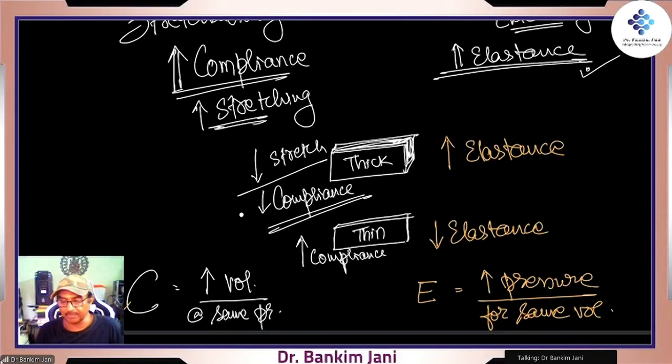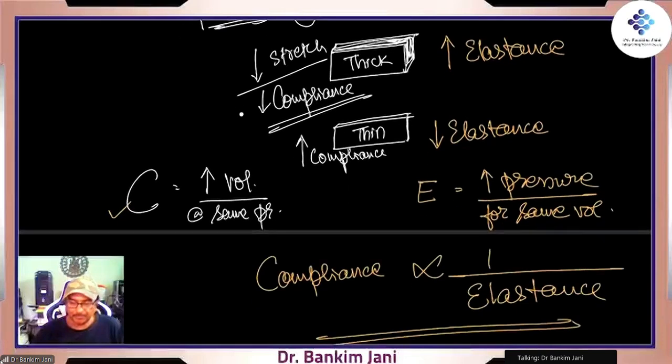Elastance: there is increased elastance. If the tissue is thick, it will come back immediately; if it is thin, it will take time to come back. So whenever we say compliance, there is increased volume at the same pressure.